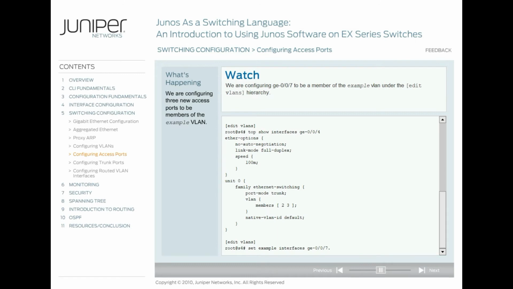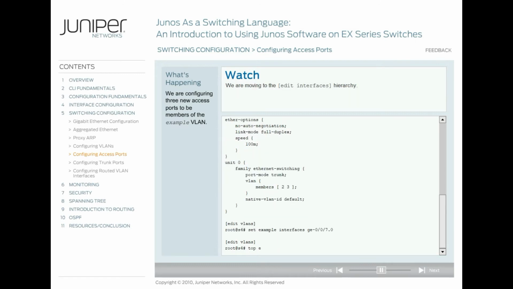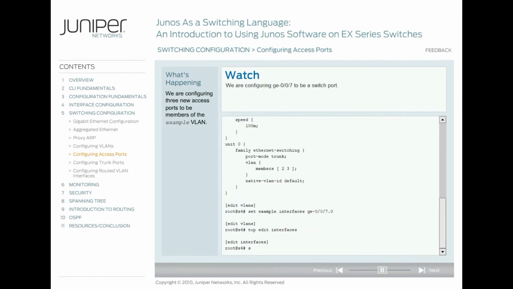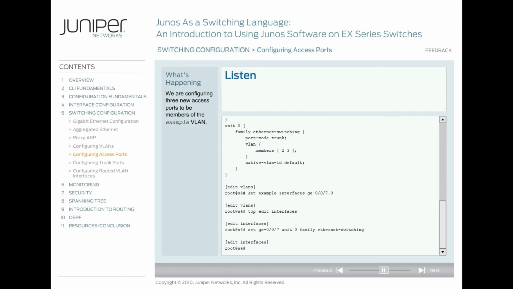Now let's move to the edit interfaces hierarchy. Here, we'll configure ge-0/0/7 to be a switch port. We'll configure ge-0/0/8 and ge-0/0/9 to become members of the example VLAN under the edit interfaces hierarchy.